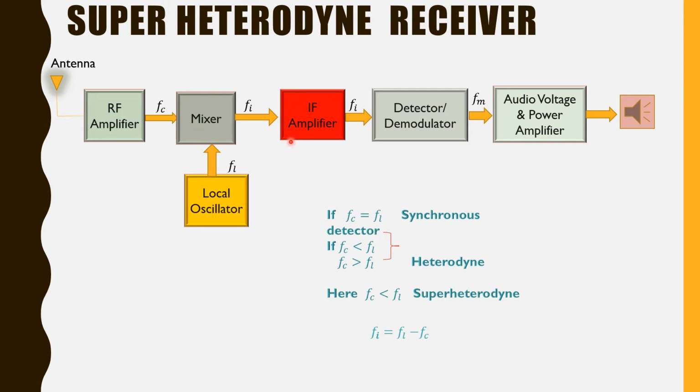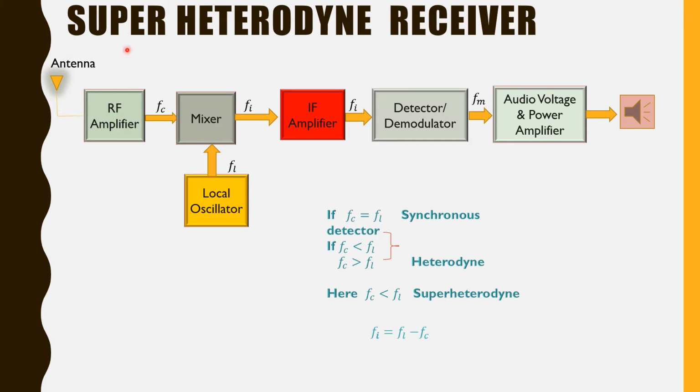IF amplifier is an intermediate frequency amplifier. Purpose of IF amplifier is just to amplify intermediate frequency component. IF amplifier is a fixed frequency amplifier. No matter what the incoming signal frequency is, same frequency is now available at IF amplifier.